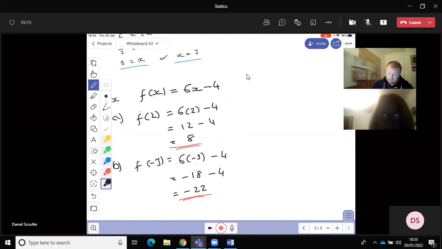If we have f is a function, f(x) equals 40. We just equate that.